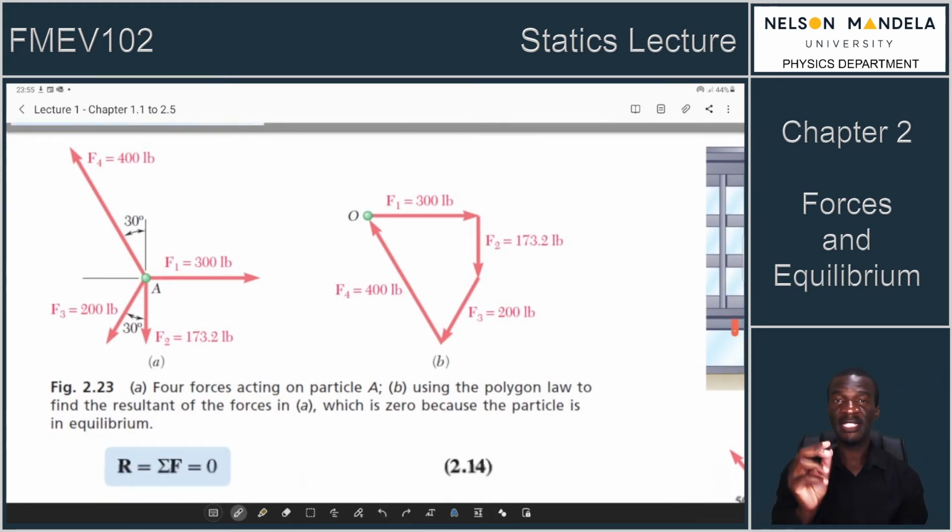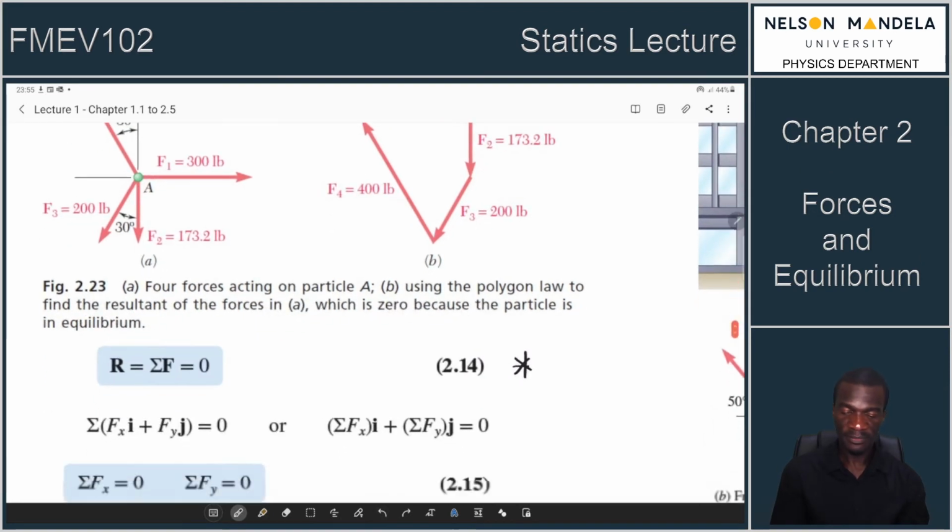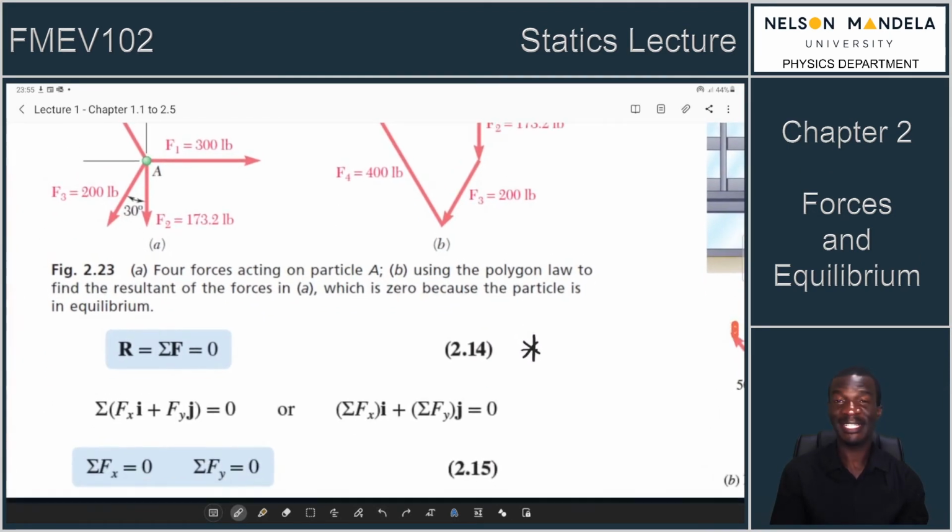So the condition for equilibrium is defined in equation 2.14. The resultant of all the forces is a sum of all the forces, and it is equal to 0. Now, that resultant we've already figured out earlier is a sum of all the x components and a sum of all the y components. This is equal to 0.